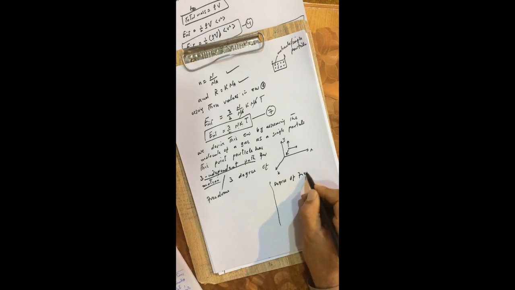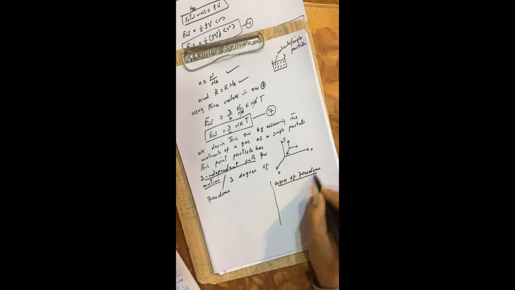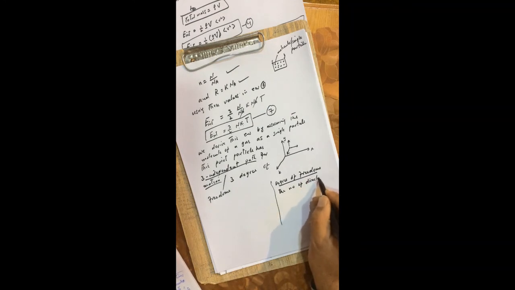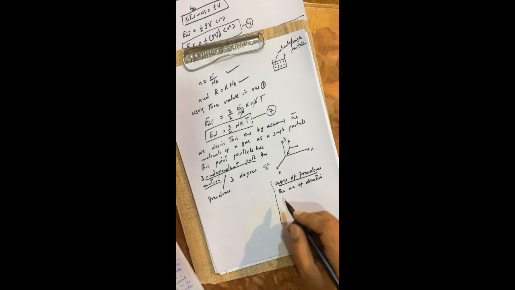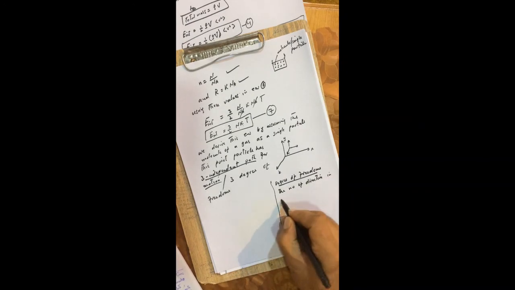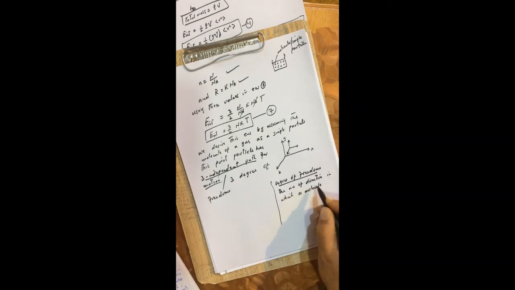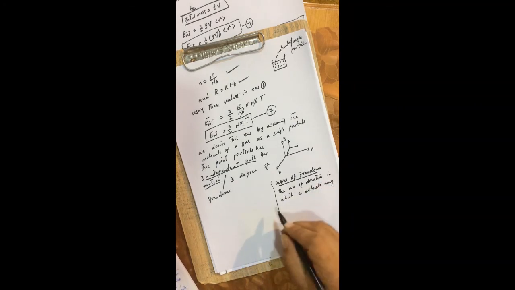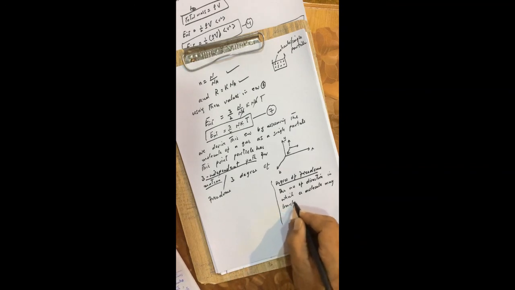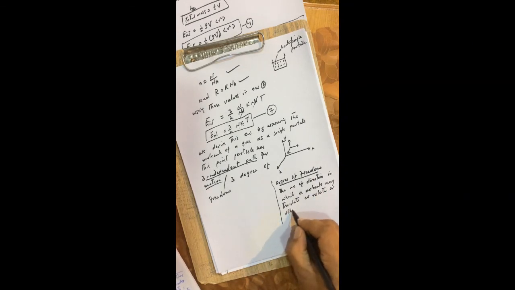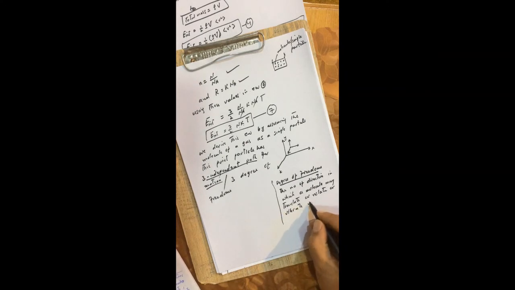It is basically the number of directions in which a molecule may translate, or the molecule may rotate, or the molecule may vibrate, is known as the degree of freedom.